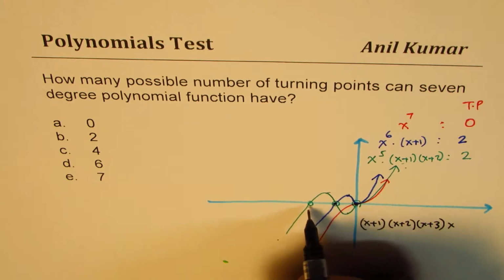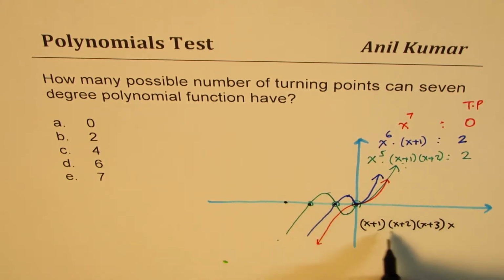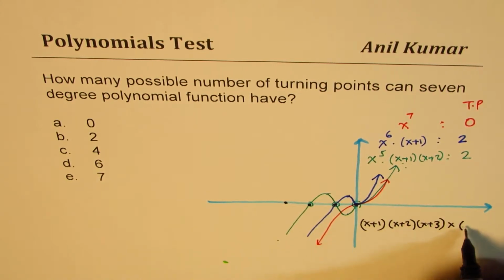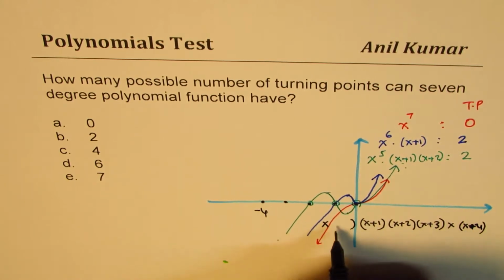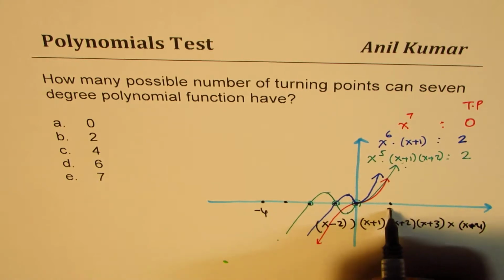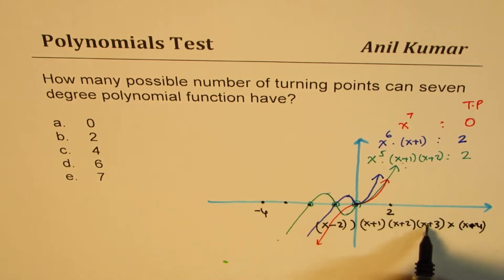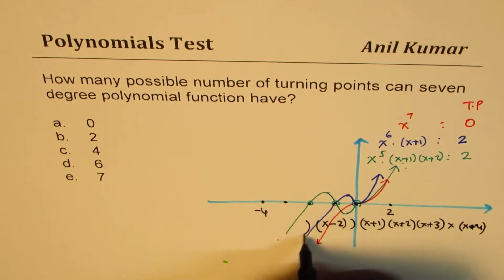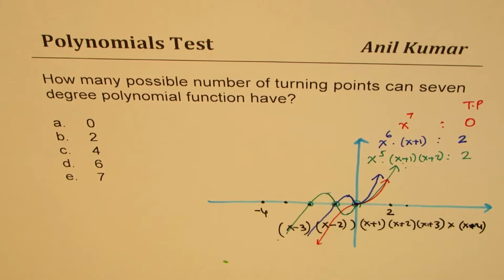We have a zero here, here, and here, so we got 1, 2, 3, 4 zeros, correct? And then let me write x plus 4, so minus 4 also. And let me add x minus 2, and one more, let's say x minus 3. So we have 7 zeros now.